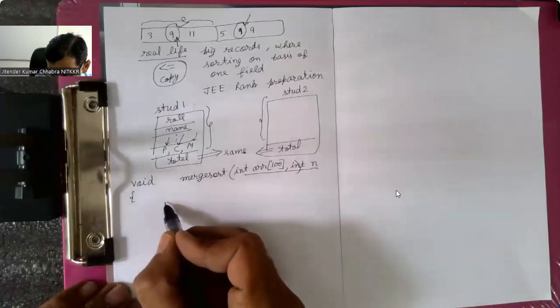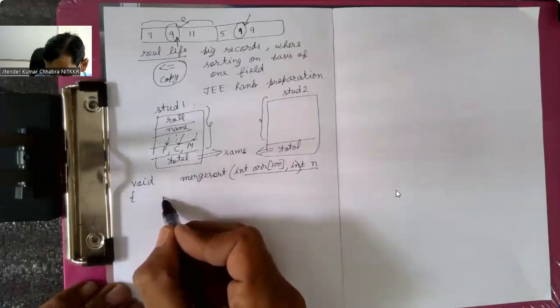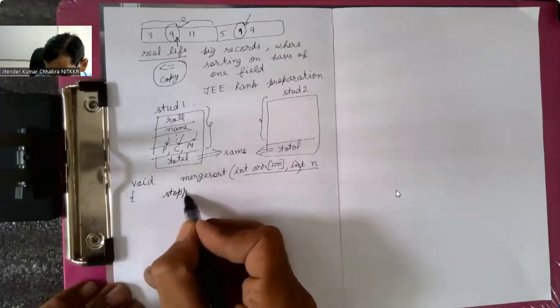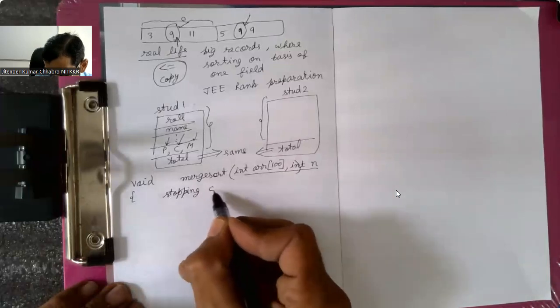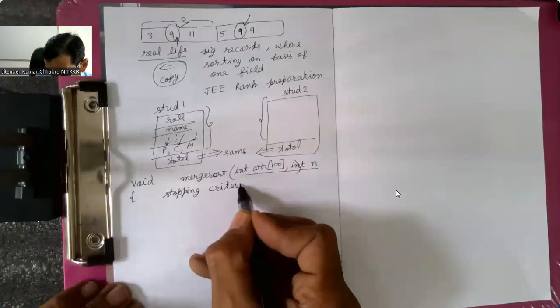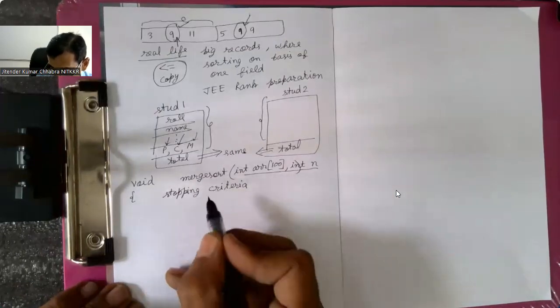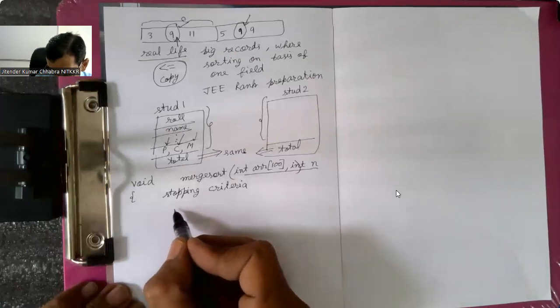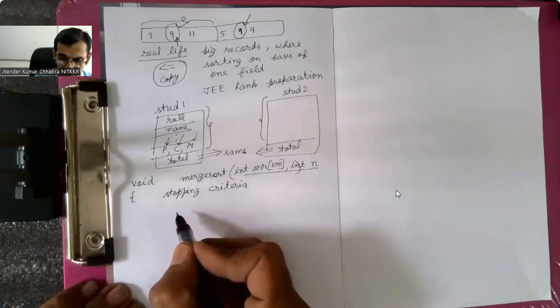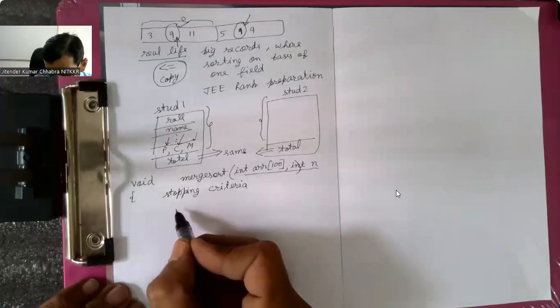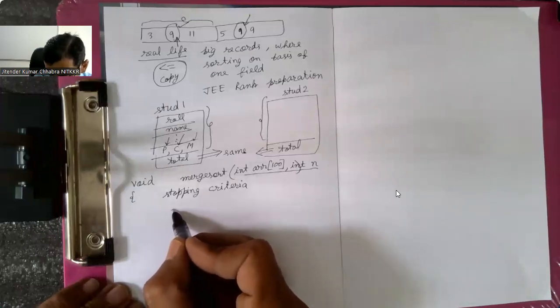First thing, we have to always write the stopping criteria. Without a stopping criteria, I am never going to write the code. I must see that this merge sort is not recursive every time. When is it not recursive? If I have a single element, nothing is to be done, it's already sorted.